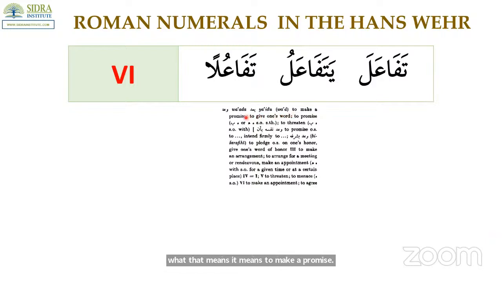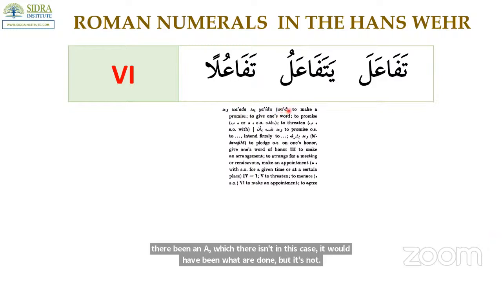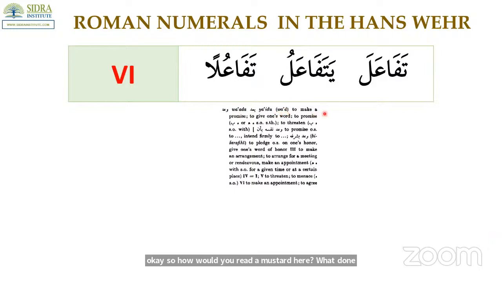Remember what I said before: whenever you see W-A with an apostrophe and another A, that means there's a fatha on that letter. Wa'ada ya'idu. And the masdar, look here: wa'dan. You're not saying wa'adan. Had there been an alif, it would have been wa'adan, but there isn't. So you read the masdar wa'dan, and it means to make a promise.